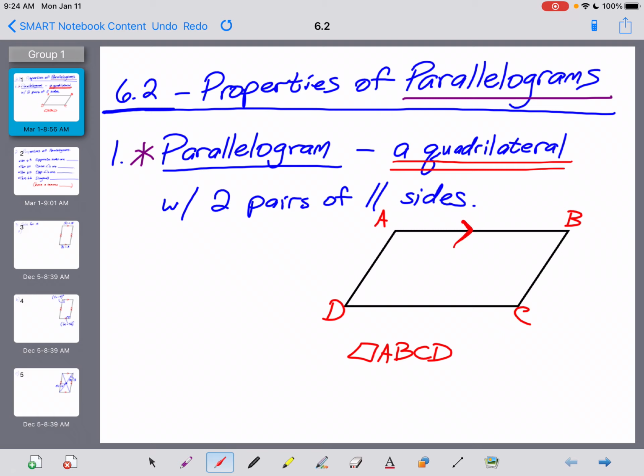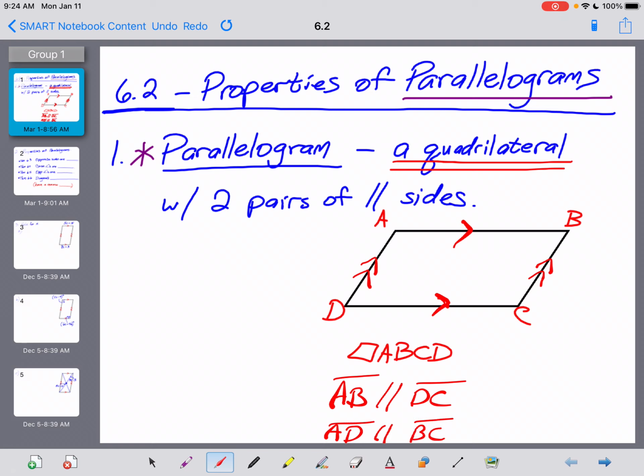So we could use an arrow here to show that line segment AB is parallel to DC. In fact, I'll go ahead and write that right here. Line segment AB is parallel to line segment DC. And then this side on the left, AD, would have to be parallel to the side on the right, that being BC. So AD would be parallel then to BC.